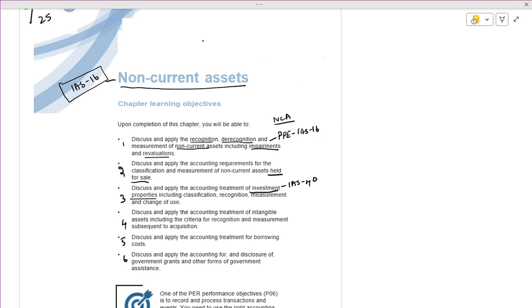We will cover this and discuss and apply the accounting treatment for intangible assets, which is IAS 38.